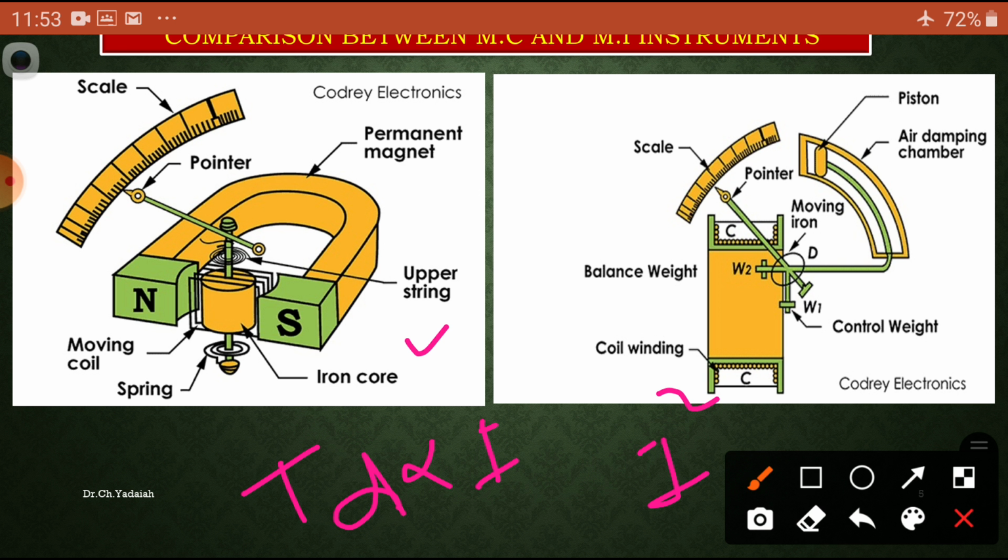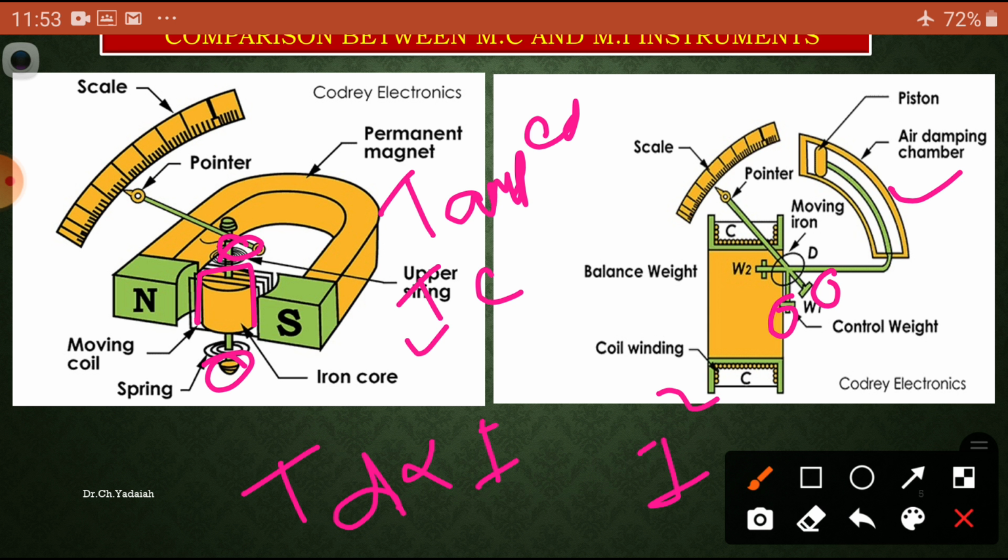Next, damping torque, T_damp, is produced by eddy current damping in the aluminum frame, whereas in the other case we have air friction damping. Next, the controlling torque, T_C, is produced by the springs provided here and here. In the other case, the controlling torque is produced by weights, that is gravity control.